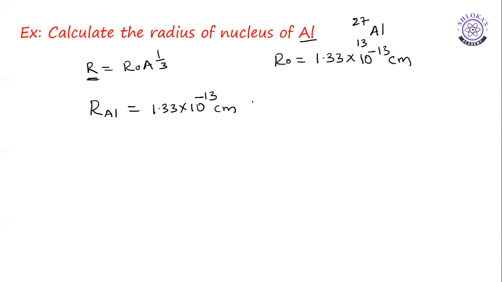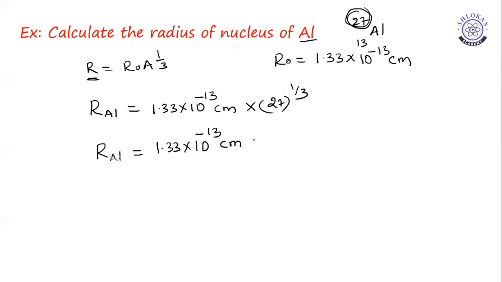So this is the R naught value into, what is the mass number of aluminum? 27. 27 power 1 by 3, right? Now the radius of the aluminum nucleus is equal to 1.33 into 10 to the power of minus 13 centimeter into 27, I can write as 3 power 3, whole power 1 by 3.